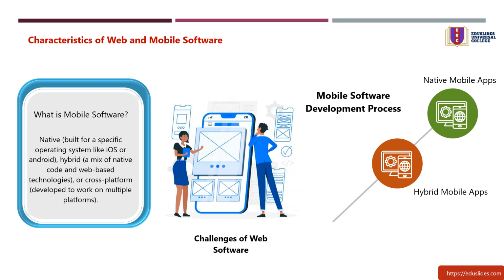Hybrid apps are built using web technologies, HTML, CSS, and JavaScript, and wrapped in a native container. They can run on multiple platforms but might not offer the same performance as native apps. 3. Cross-platform mobile apps. These apps are built using frameworks like React Native or Flutter, which allow developers to write code once and deploy it on multiple platforms. They strike a balance between performance and development efficiency.